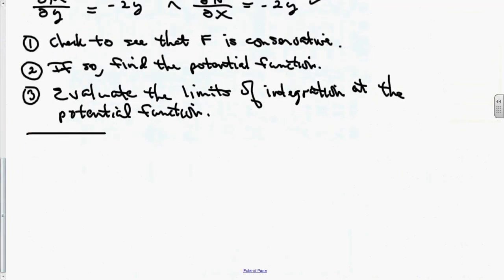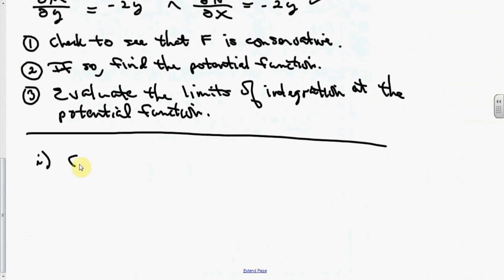So that first one, I got it on paper instead of going back and forth. This first one is the first path, r sub 1 of t is equal to t i plus the square root of t j, where t goes from 0 to 4.